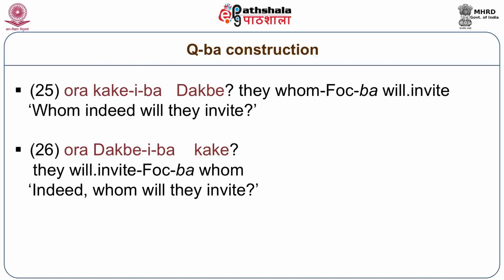If it appears to the left, you get example 25. Ora kakei ba dakpe, they who ba will invite, which means whom indeed will they invite. If the Q appears to the right of the ba, you get ora dakbei ba kake, they will invite indeed who, which means whom indeed will they invite.